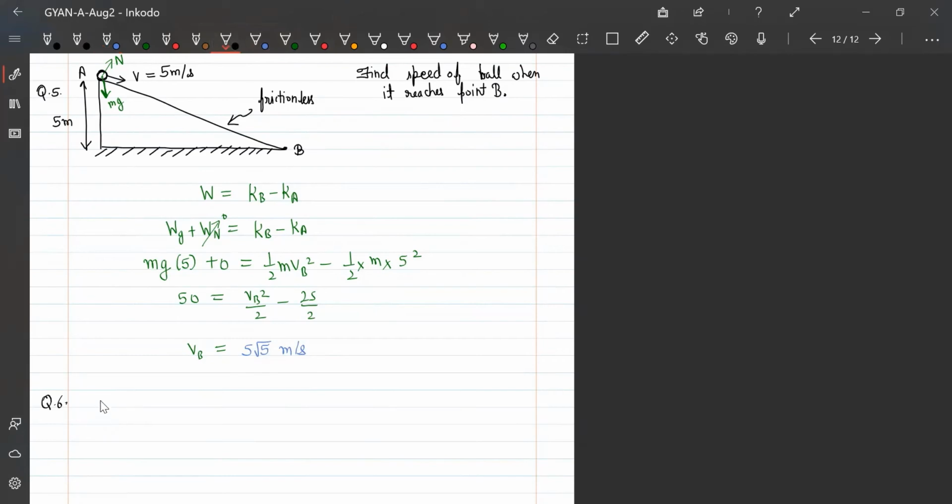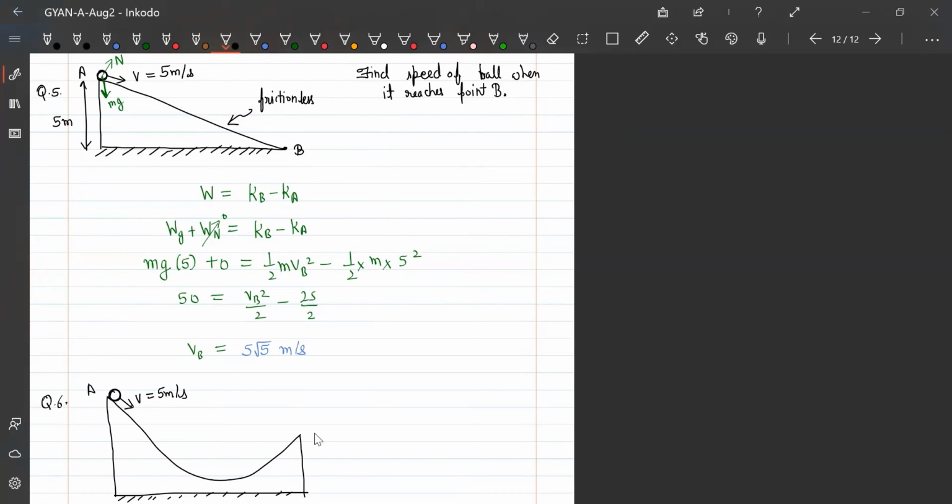So suppose we have the next question. In the next question, the block on which the ball is sliding is like this. Again, it's go down the incline throw किया गया है. The speed is 5 meter per second.